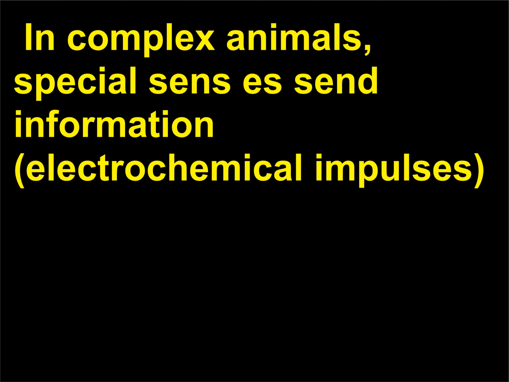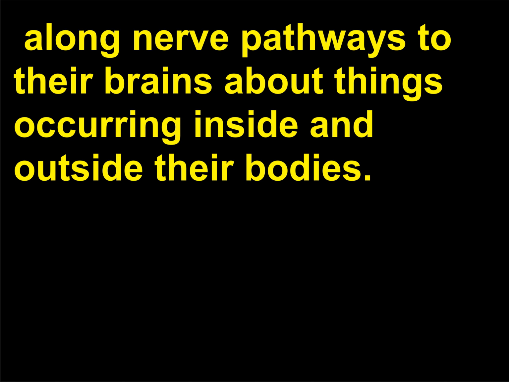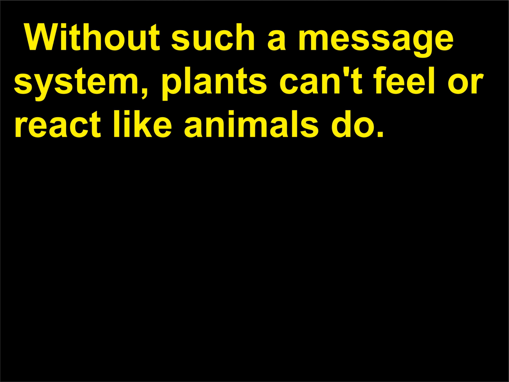In complex animals, special senses send information, electrochemical impulses, along nerve pathways to their brains about things occurring inside and outside their bodies. Without such a message system, plants can't feel or react like animals do. So plants don't feel when they are cut.